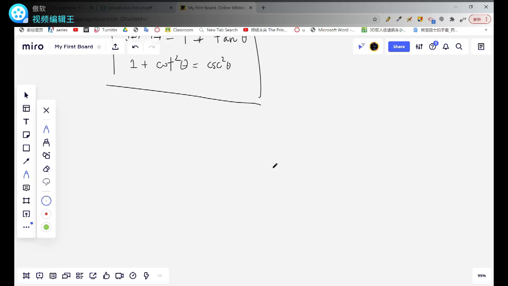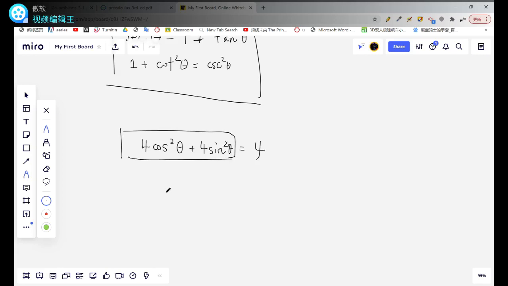So let's look at a really challenging one, okay? Let's just look at some problem. 4 cosine squared theta plus 4 times sine squared theta is equal to 4. Basically, you just want to prove that this is equal to 4. This is pretty easy, actually.